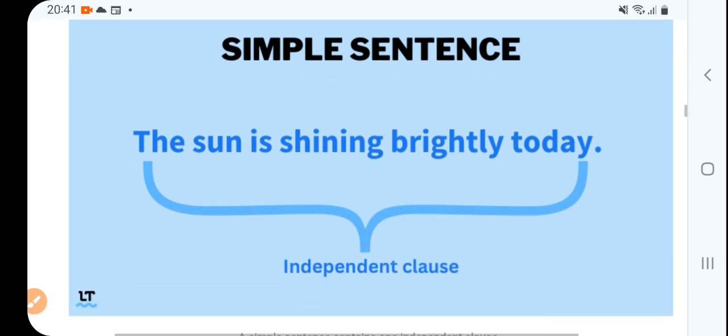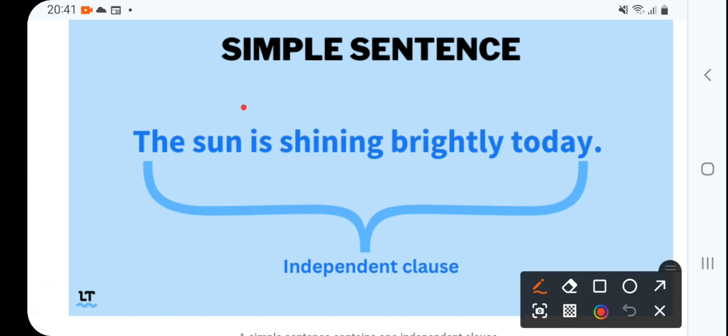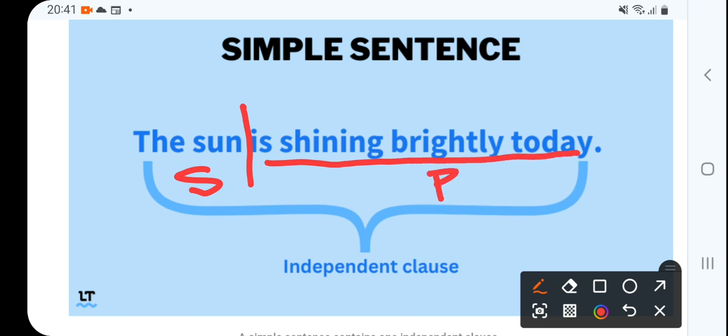Now this is a very good representation of a simple sentence. Simple sentence: the sun is shining brightly today, right? Independent, no dependent. The sun is the subject, 'is shining brightly today' is the predicate.